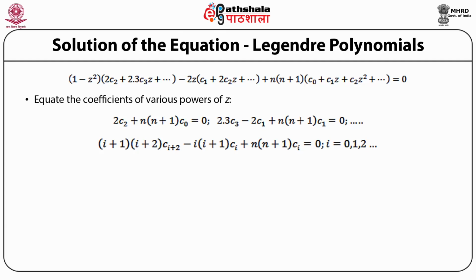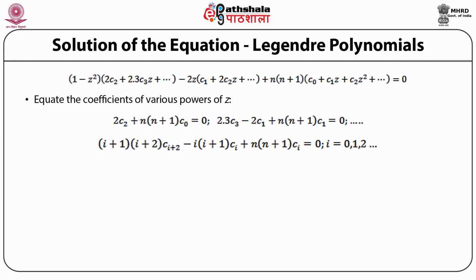Next, 2 into 3c3 minus 2c1 plus n into n plus 1 c1 is equal to 0. Next, 3 into 4c4 minus 2 into 3c2 plus n into n plus 1 c2 is equal to 0.